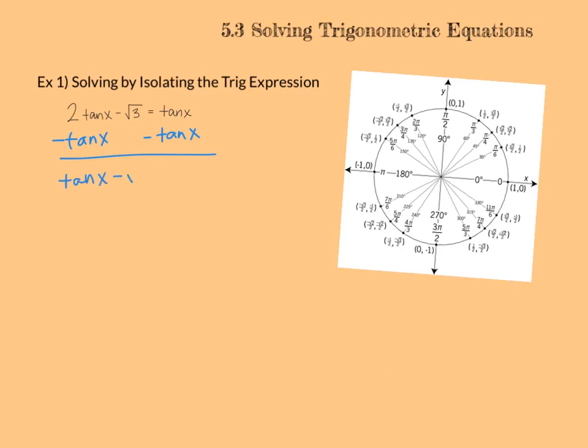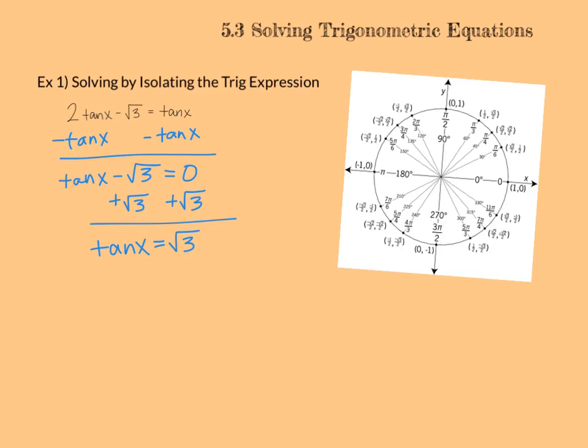Then we have a minus the square root of 3, and on this side we have 0. Now we want to isolate tan x, and so let's add root 3 to both sides. So we basically want to know where the tangent of x is the square root of 3.